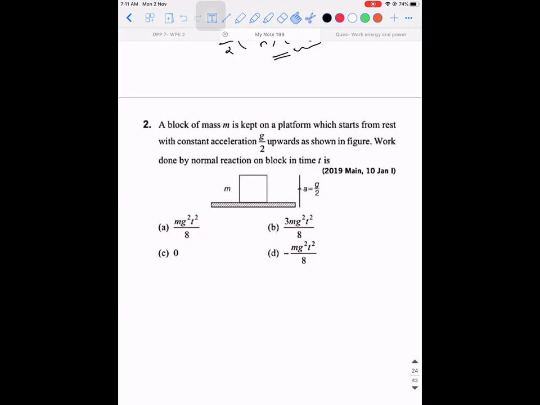How to solve this, guys? What comes to your mind when you see that the platform itself is moving?